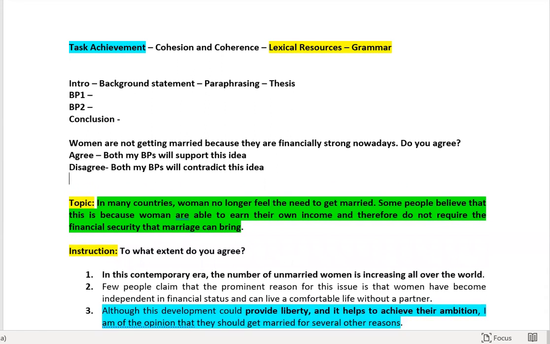If you agree, disagree, or the third option, partially agree, it means in one body paragraph, BP1 or 2, we will support the essay question, support the idea, and in BP2 we oppose the idea.